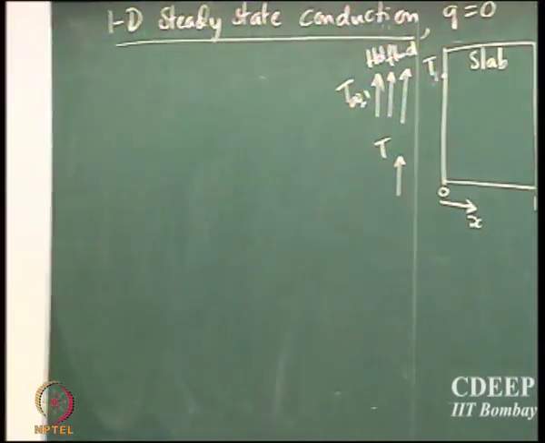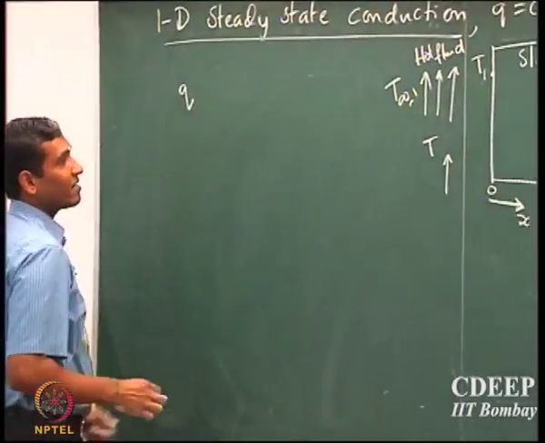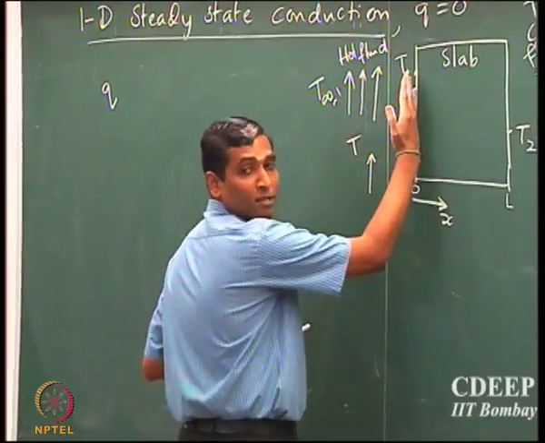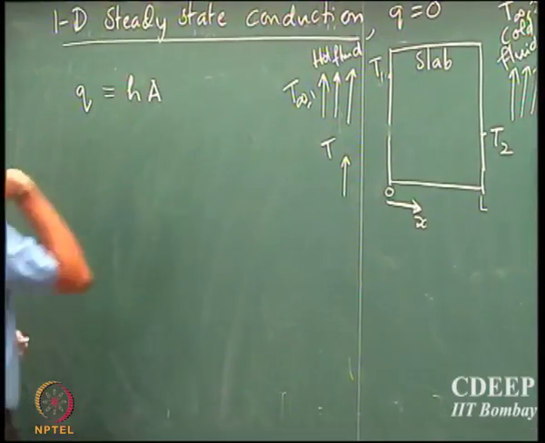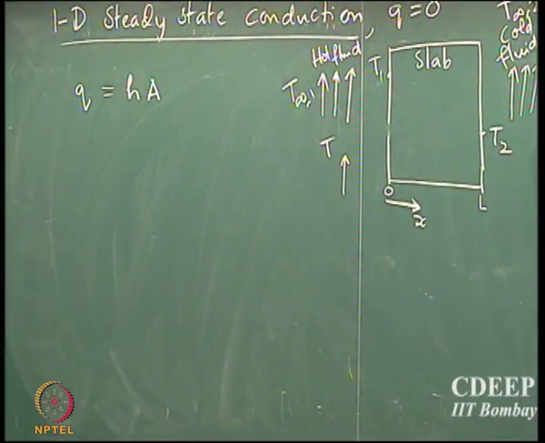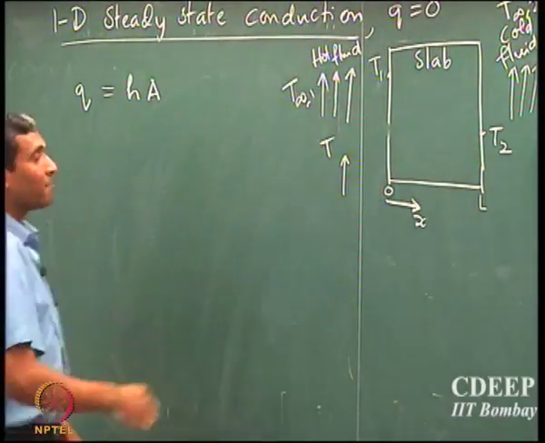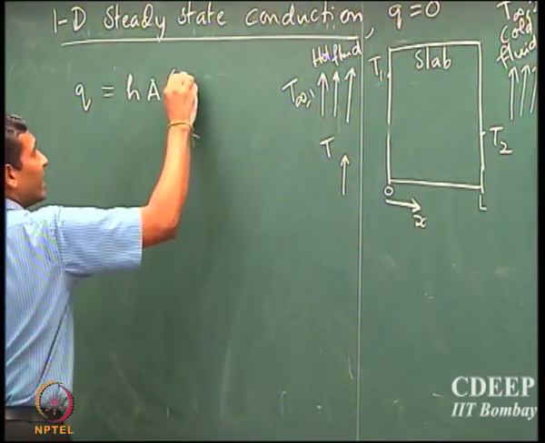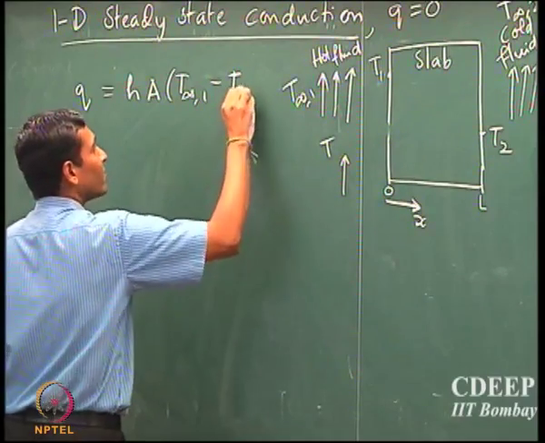It is described by Newton's law of cooling. So Q, the rate of heat transport at this location, is given by H into A, the heat transport coefficient multiplied by the cross sectional area which is outside the board, into T infinity 1 minus T at x equal to 0, which is T1.